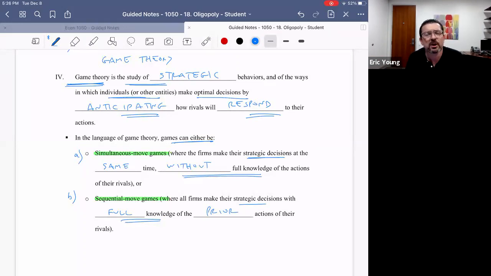There's not one better or one worse here. It's just important to understand that because of the way that games can be modeled, firms have to think of different ways to act. Sometimes you act with information. Sometimes you act without information. All those things add to the complexity and the nuance, but also the rewards of studying game theory, okay?